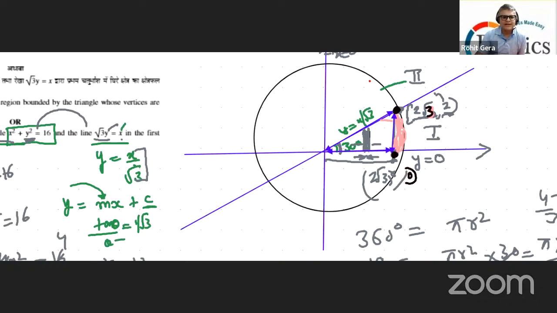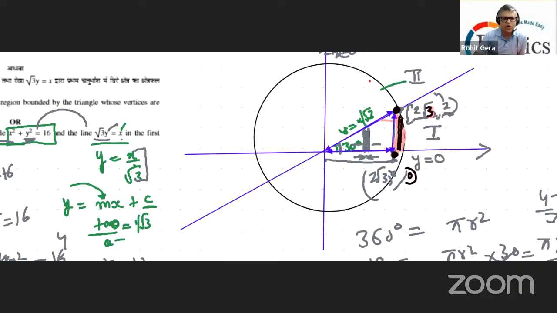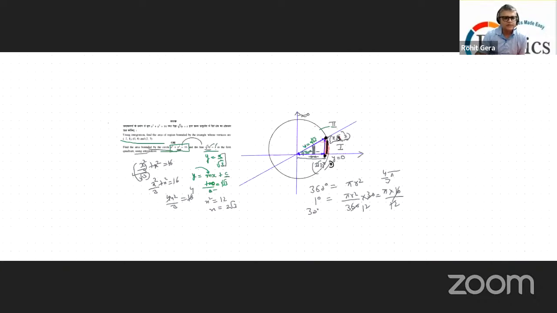Now the balance area, if you notice, if I draw a strip here, that strip is touching the circle. If I were to write the balance, which is the orange part, let me remove this nonsense first, this area calculation is not acceptable anyway.